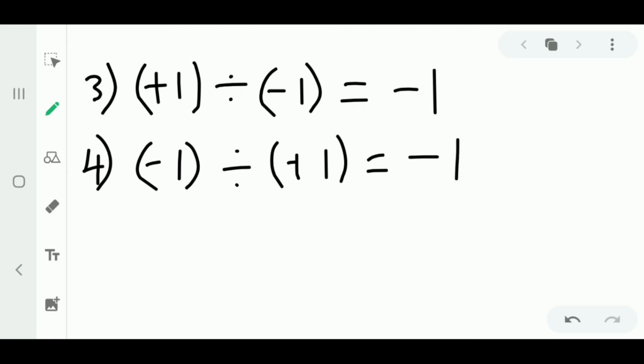So once the signs are the same and you're multiplying or dividing, you're going to get a positive. Once the signs are different and you're multiplying or dividing, you're going to get negative.